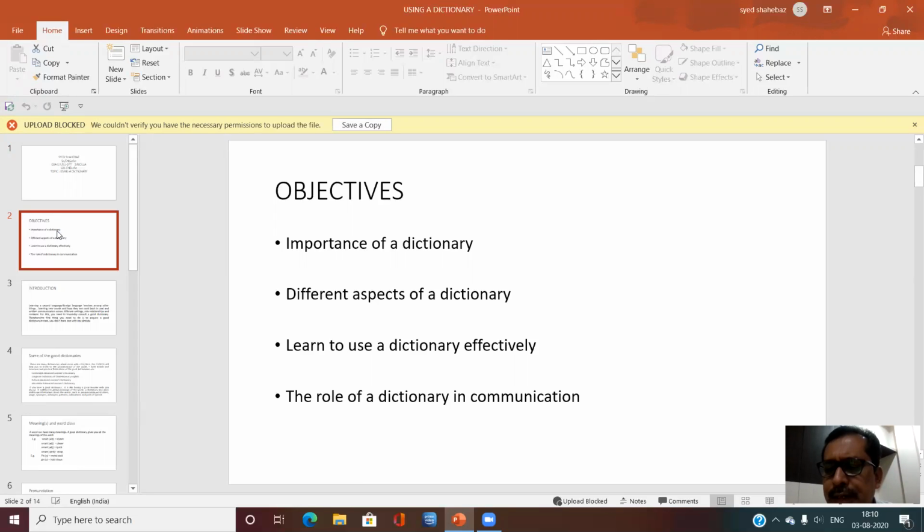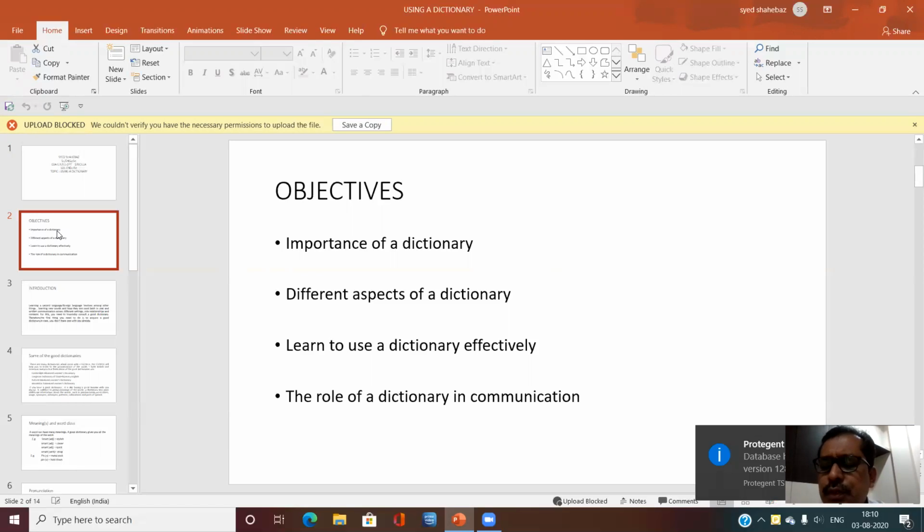It is a good companion, and the student can improve all the skills related to vocabulary, pronunciation, usage, and different forms of the word. Students can learn all these things with the help of a dictionary. So in this lesson, we are going to learn all these objectives.